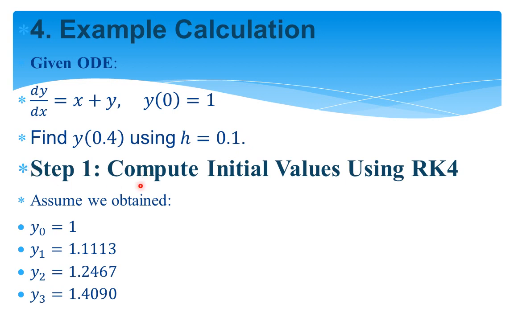Step 1. Compute initial values using RK4. Assume we obtain y0 equals 1, y1 equals 1.1113, y2 equals 1.2467, y3 equals 1.4090.